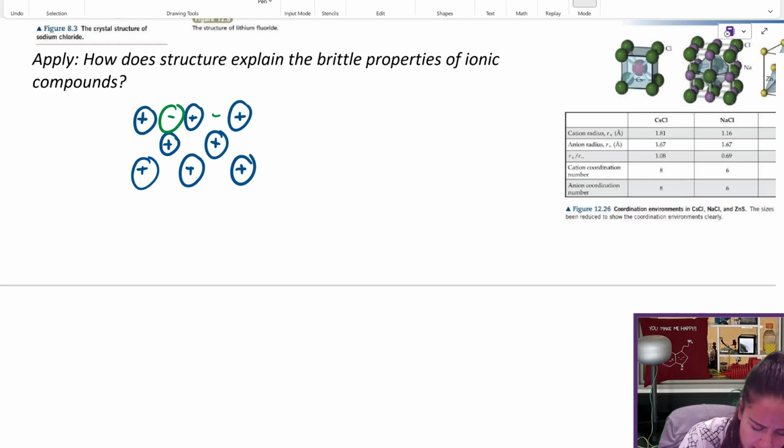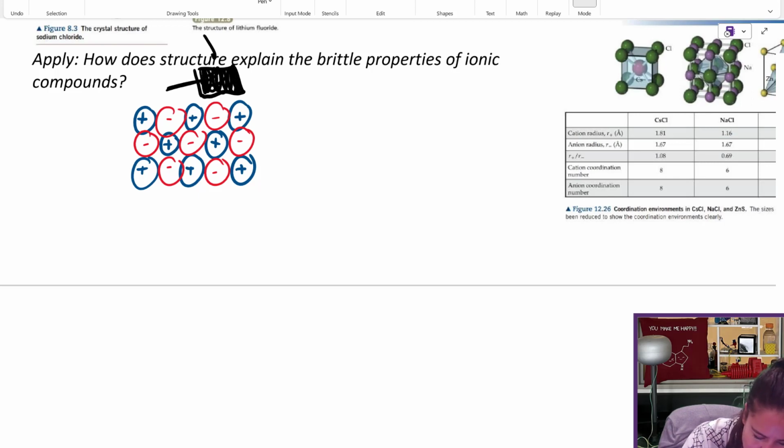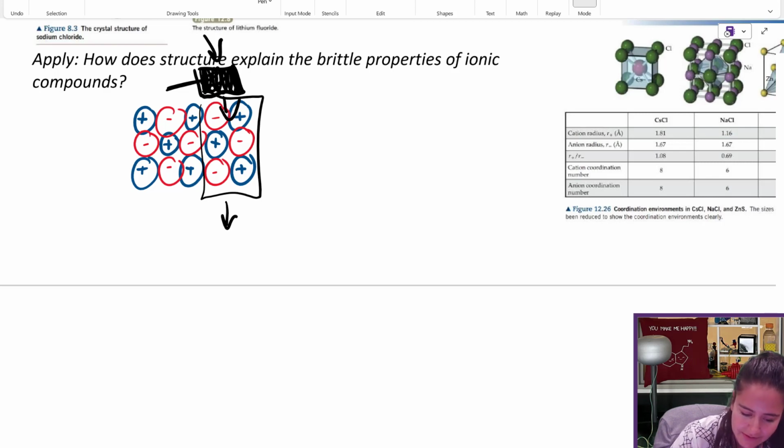It's ionic. If we picture striking this with a hammer, there's my hammer, and I'm going to hit this. What could happen is it could cause this chunk to move downwards.